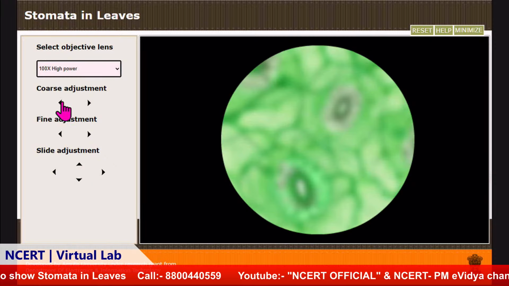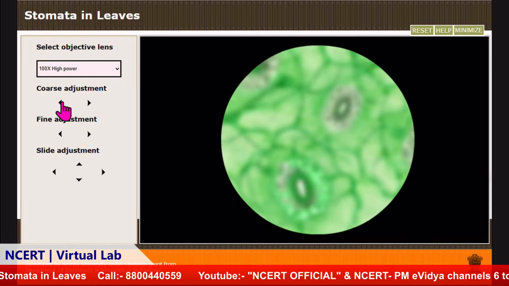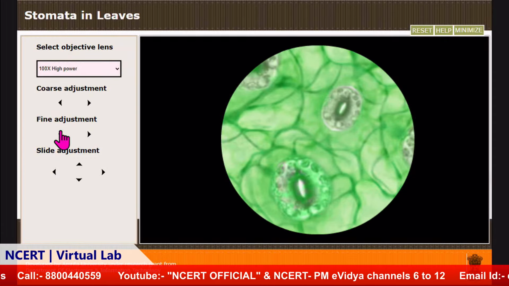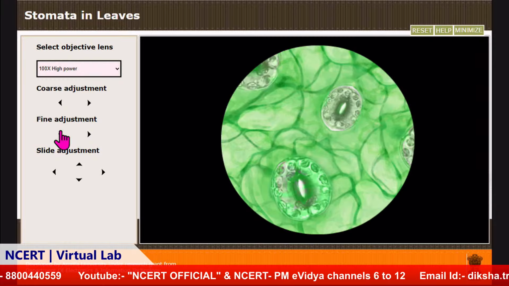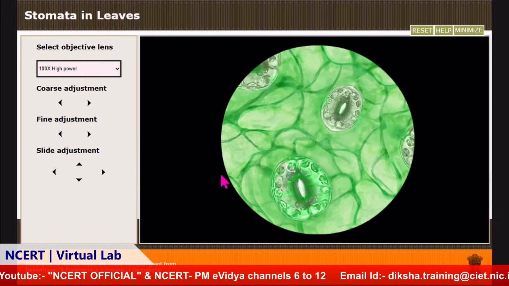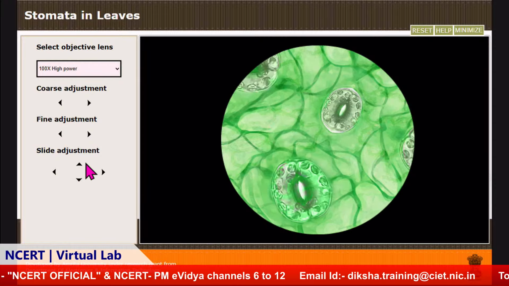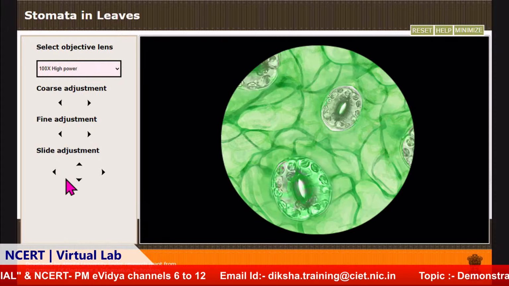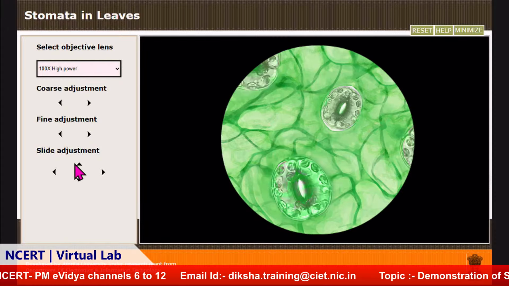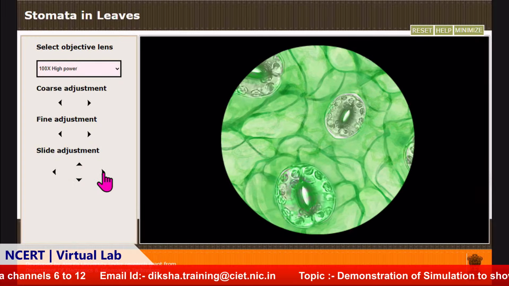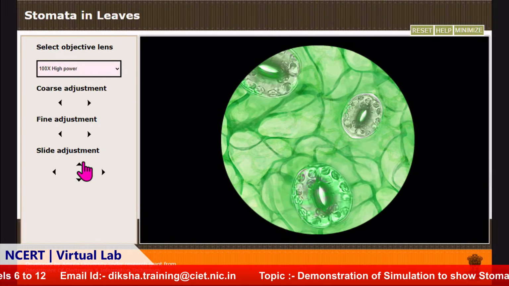In the high power also, try to adjust. Now I think our user can properly understand what the structure of stomata actually is. They can even count the number of stomata present by sliding and doing a little bit of adjustment.